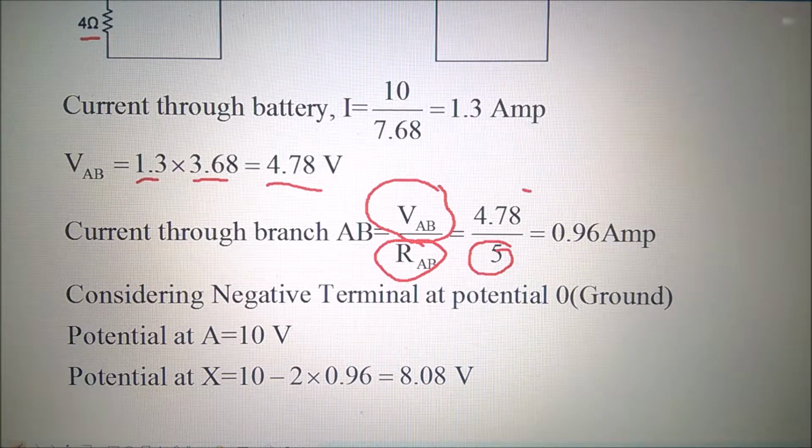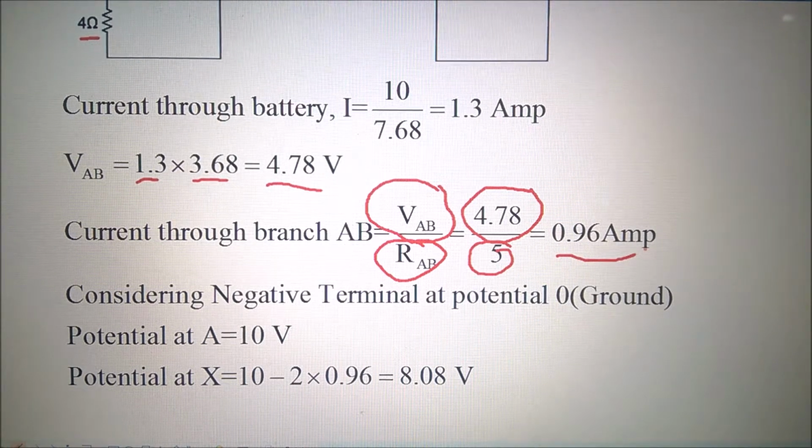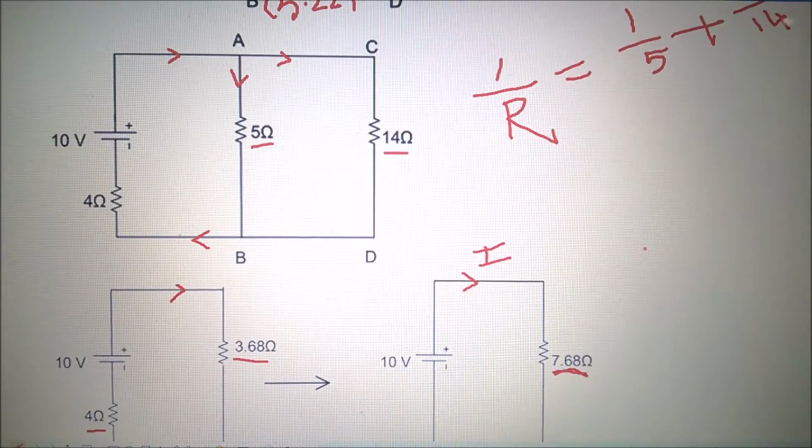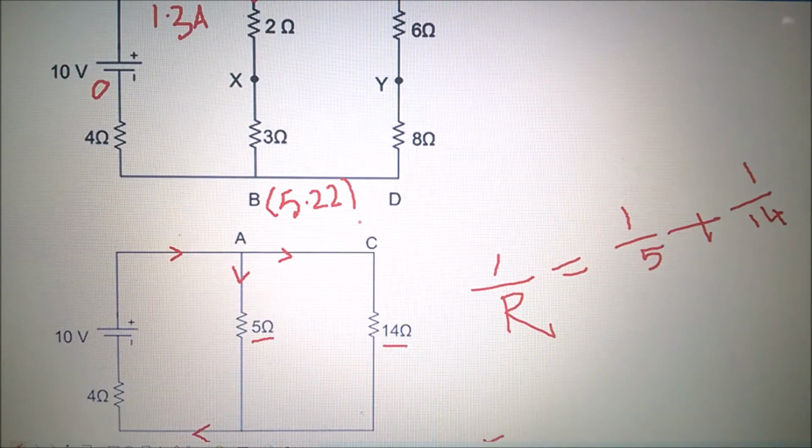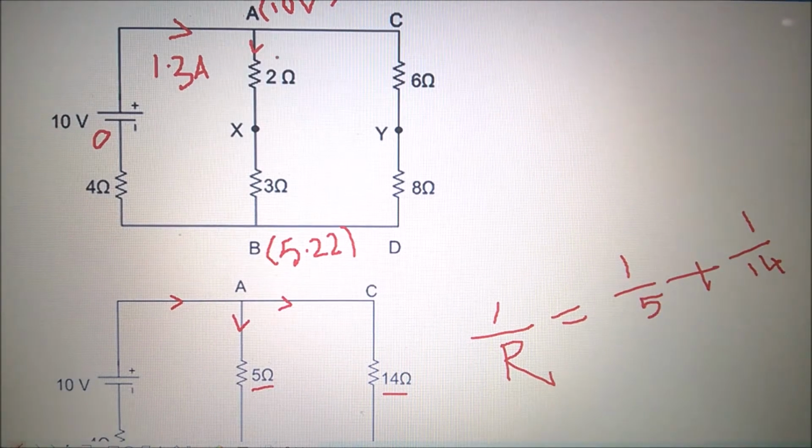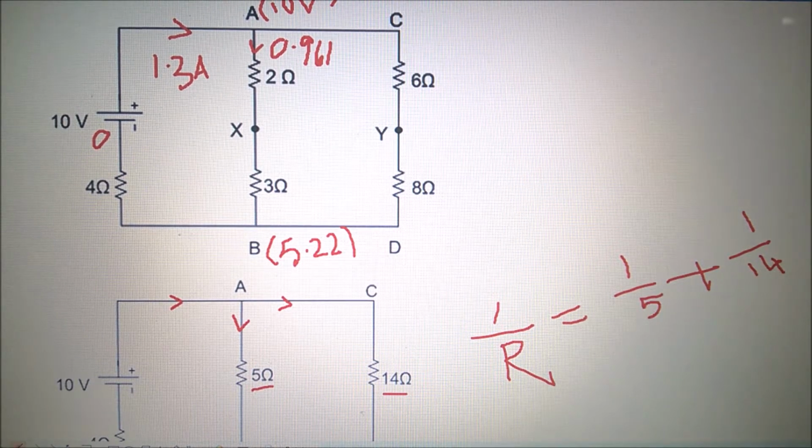Therefore the current through the branch AB is equal to 0.96. Current is flowing 0.96, and the remaining current will be flowing through the other branch.